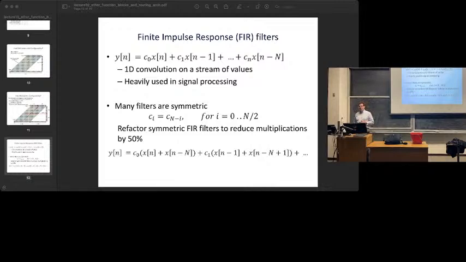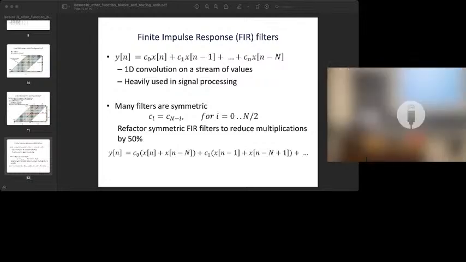A lot of filters are symmetric, where basically this coefficient might be 5, and the last coefficient is 5. And this coefficient is 4, and the second last coefficient is 4. So that's called a symmetric filter, when you look at it from the left side and the right side, and all the coefficients are the same. Not all filters are like that, but a lot are.